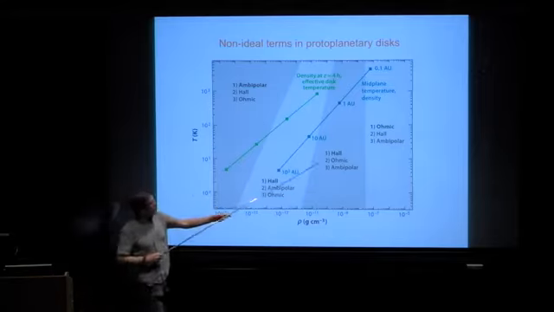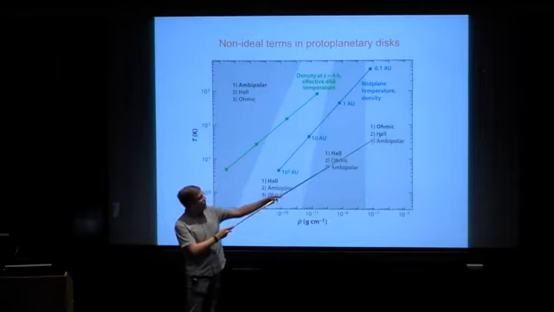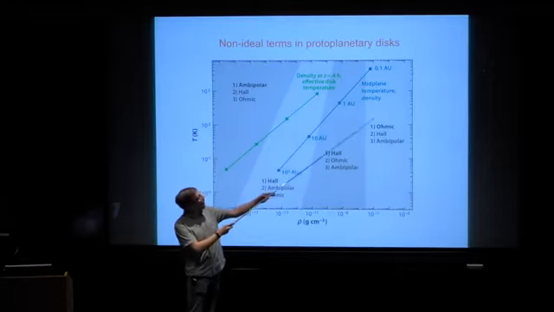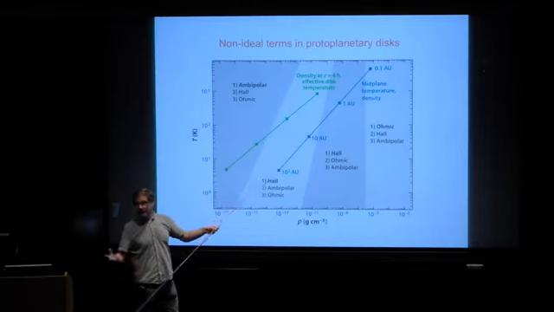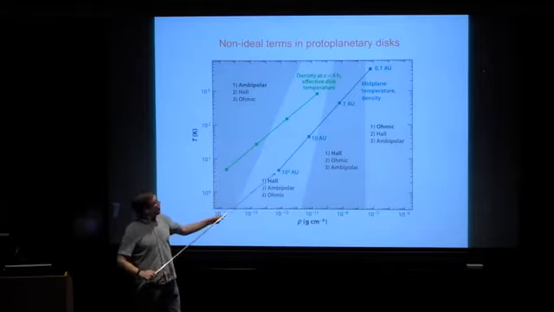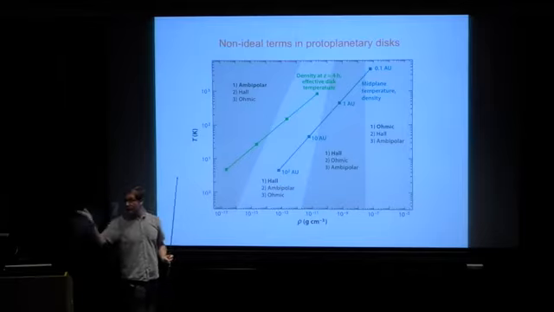So over on the right here, at high densities, the ohmic term matters the most, then the Hall term, then the ambipolar term. Okay. And these lines here are just simple estimated tracks of what the density-temperature relation would be in the protoplanetary disk at the midplane, and then up in the atmosphere where the density is much lower.